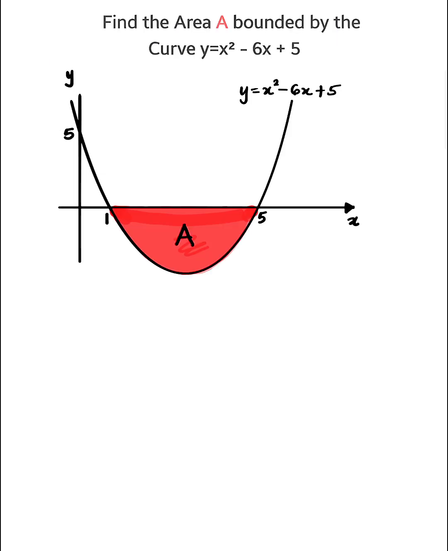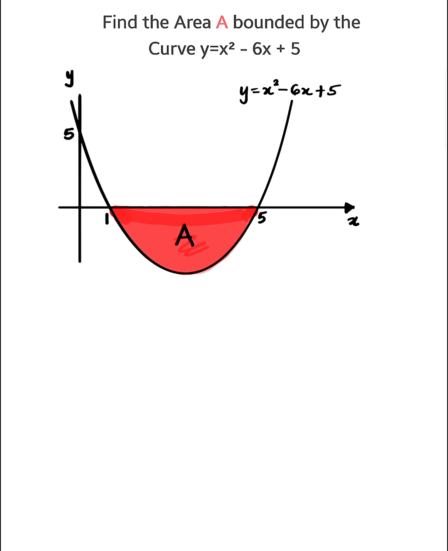The first thing you need to do whenever you encounter questions like this is to find the intercept at which the curve meets the x-axis. But in this case, we've been given it already.